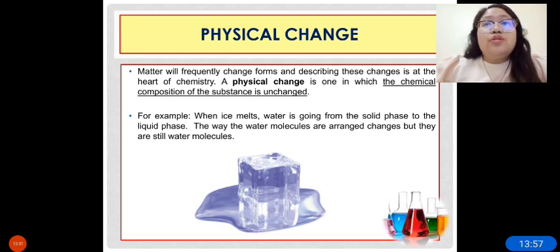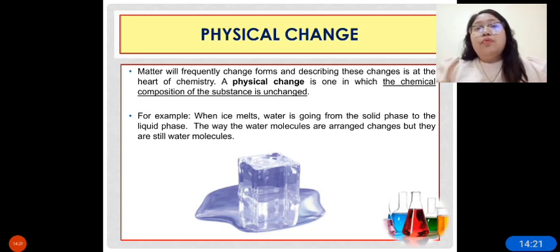The molecules are just arranged differently. So, in a physical change, the chemical composition of the substance doesn't change. All right? So, this means that the atoms that make up the substance stay the same. They might move around a bit, but they don't break apart or form new atoms.